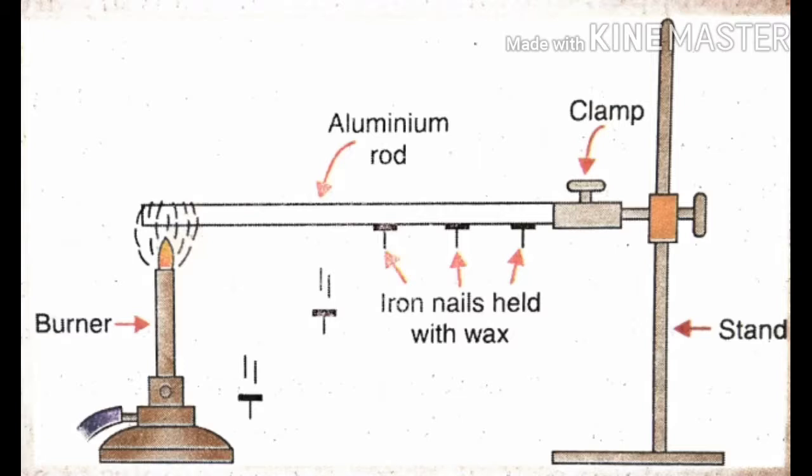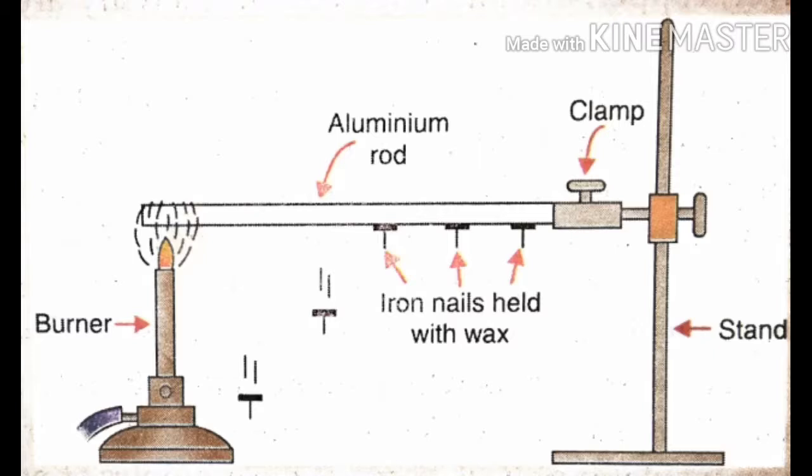The burner is placed below the left end of the aluminium rod, so the left end gets heated first. Now the left end of the aluminium rod is heated, but the right end of the rod is cold. So heat is transferred from the hotter left end of the aluminium rod to its colder right end.